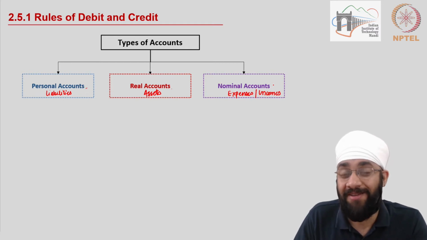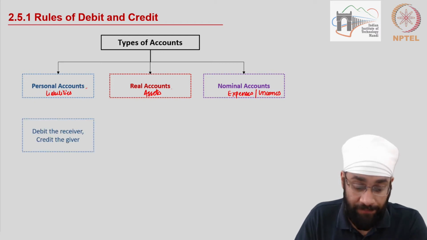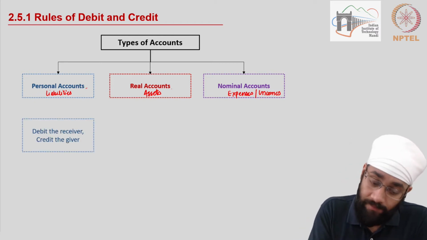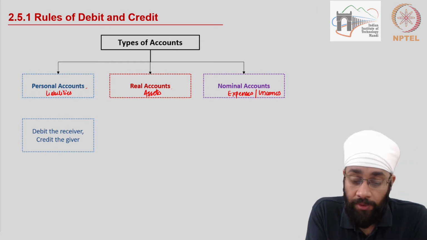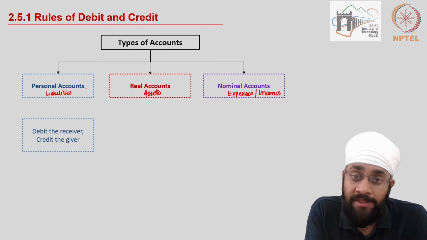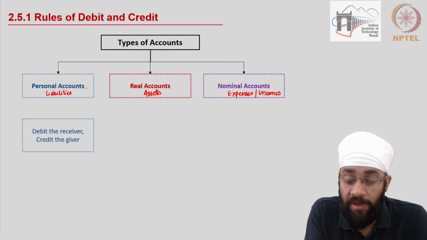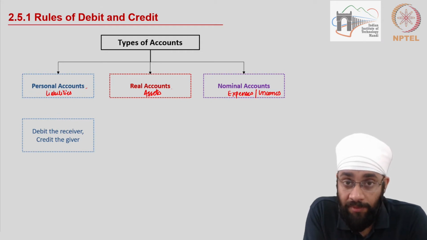Now we're going to learn the rules of debit and credit. Another way, a rule of thumb: you can just blindly follow a formula, if you will. So here it is. You have a transaction, you figure out which accounts you want to write that transaction in, and then you ask, is this account a personal account, real account, or nominal account? Say it's a personal account.